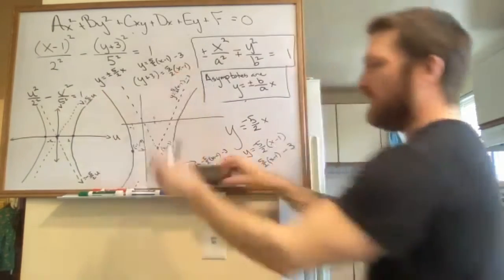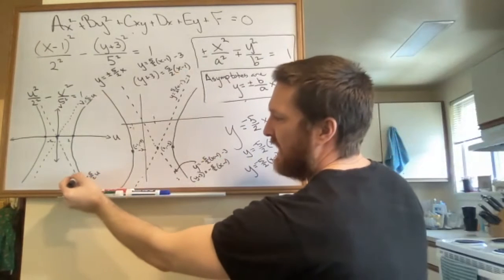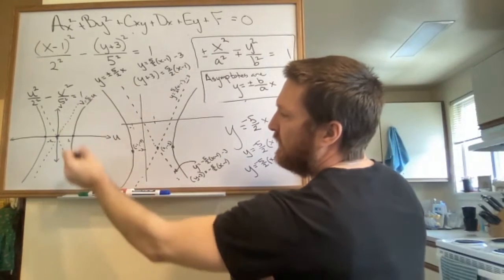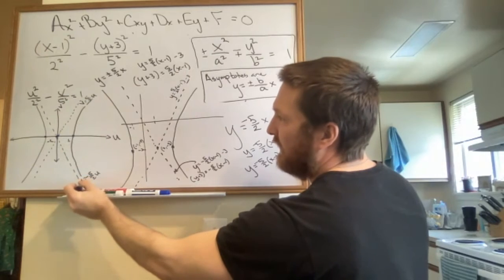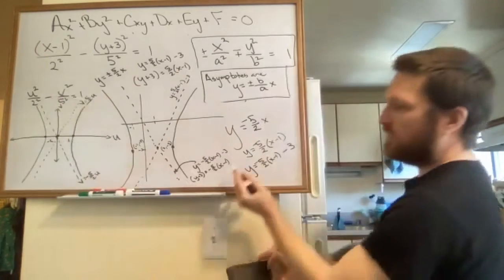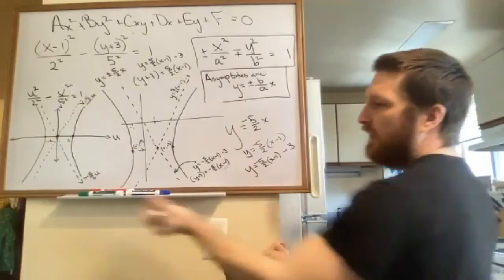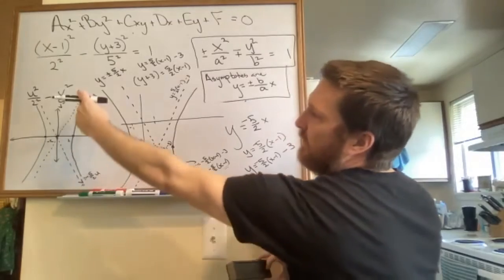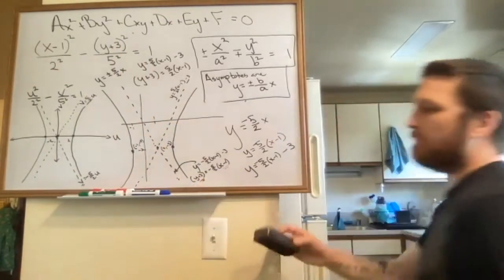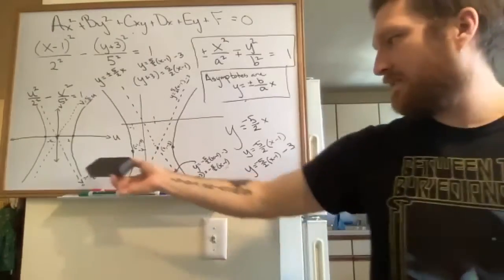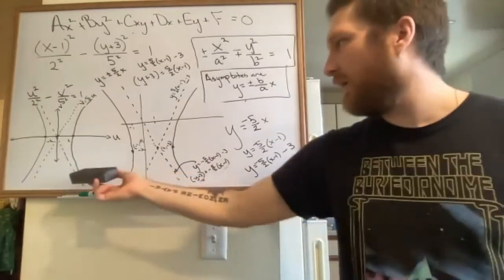And I didn't do it over here, but finally in the last step, we'd say, well, instead of minus 5/2 u equals v, u is just x minus 1, so I just replace it right there. The v, we said at the very beginning, is y plus 3, and so that's where my v comes up. And so that's kind of nice if you want to think about it that way.